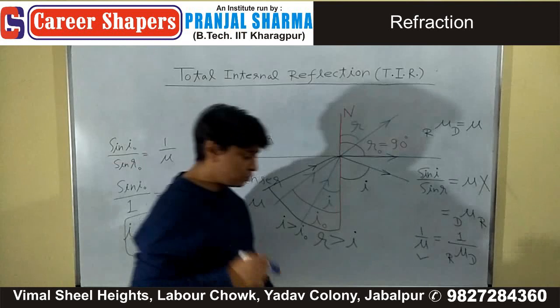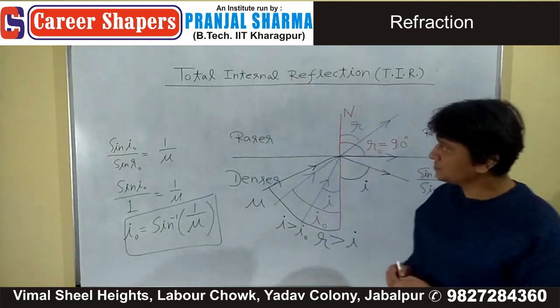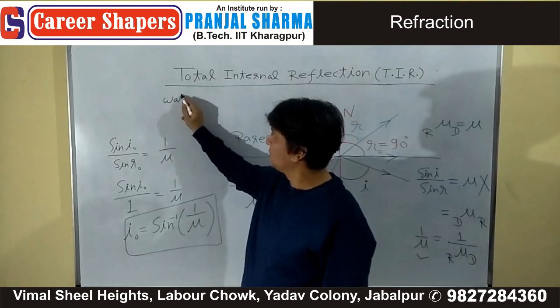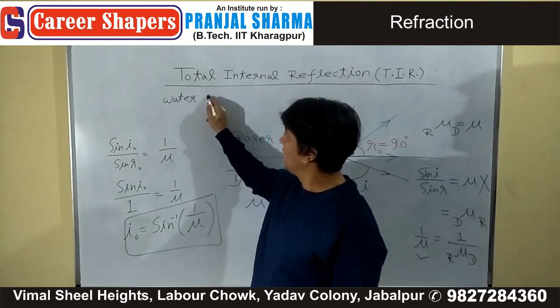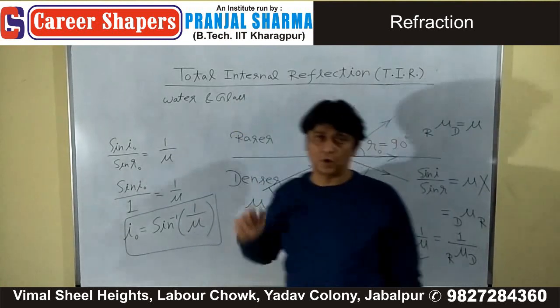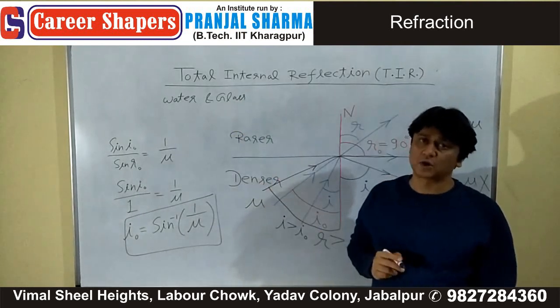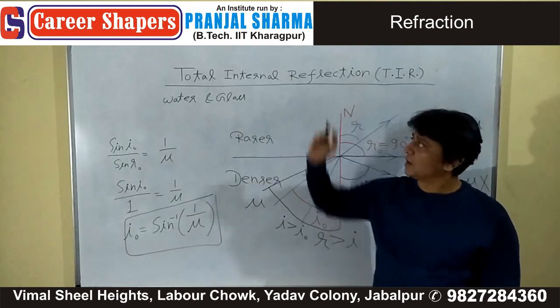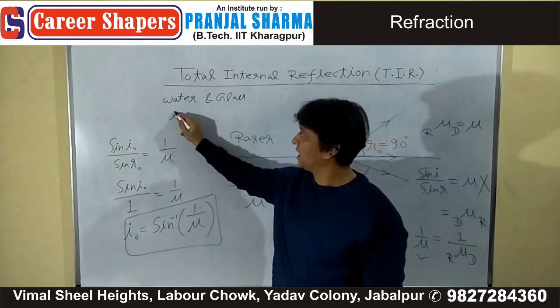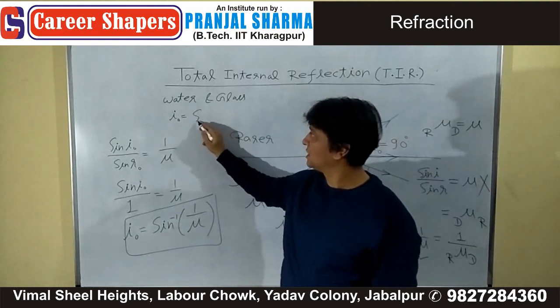Now, the way they can ask you a question on this, they have given you that for a water and glass interface, find out the critical angle. If they ask you something like this, then the critical angle i naught is what?